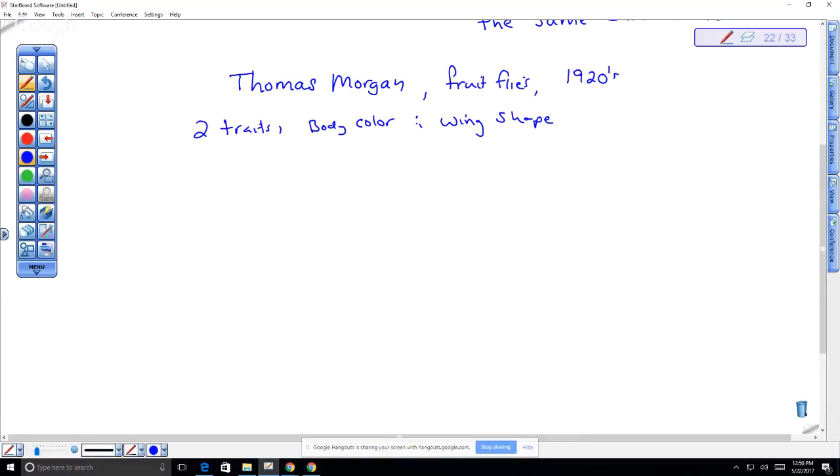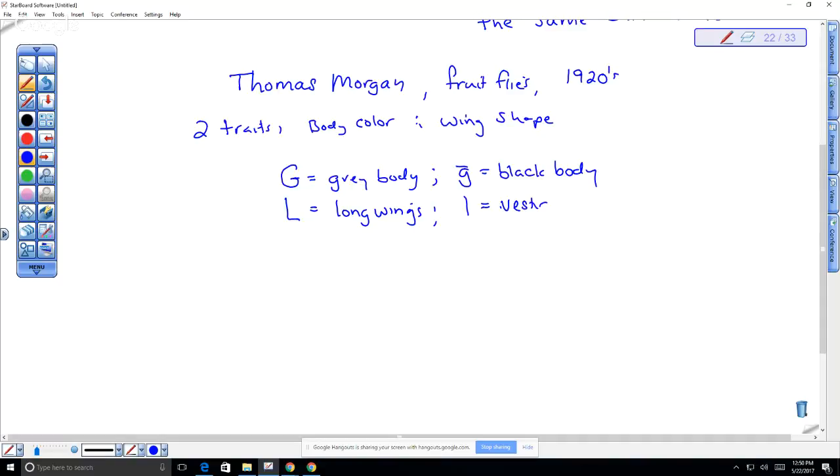I'll say that G is body color, and this codes for a gray body, but little g codes for a black body. That is one gene, the G gene. Then we have capital letter L, which codes for long wings, and the lowercase l, which I'm not going to put a line over because it might look like an I, codes for vestigial wings.